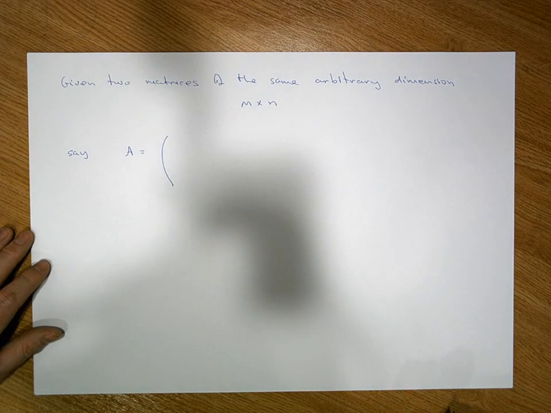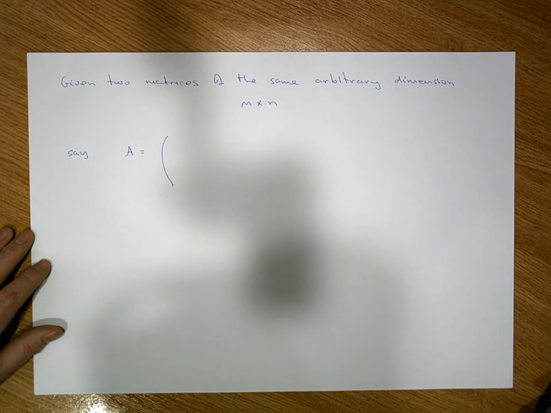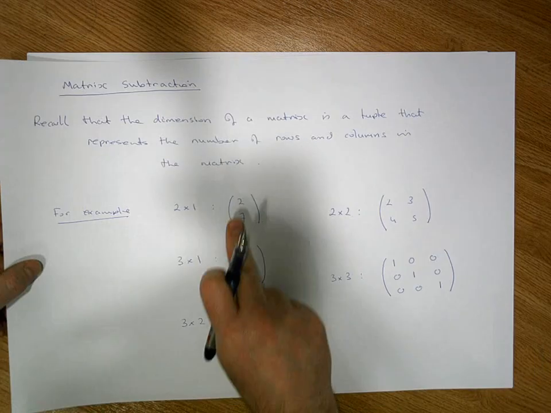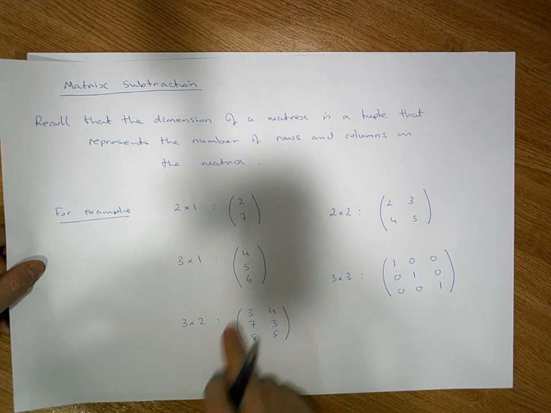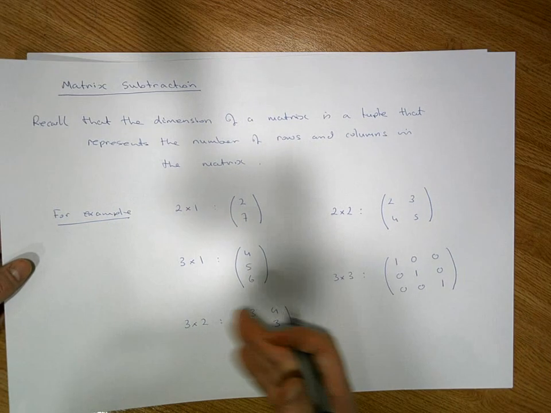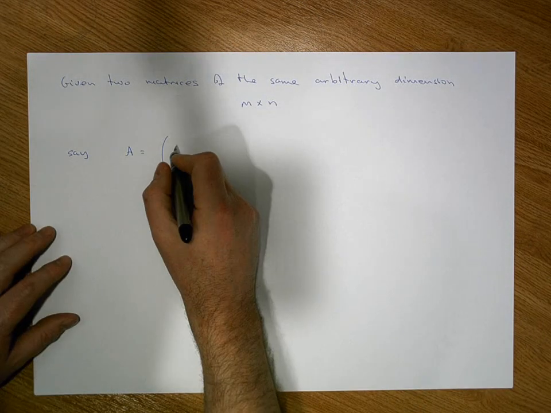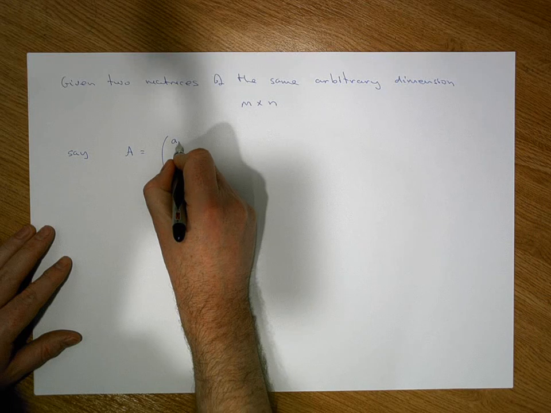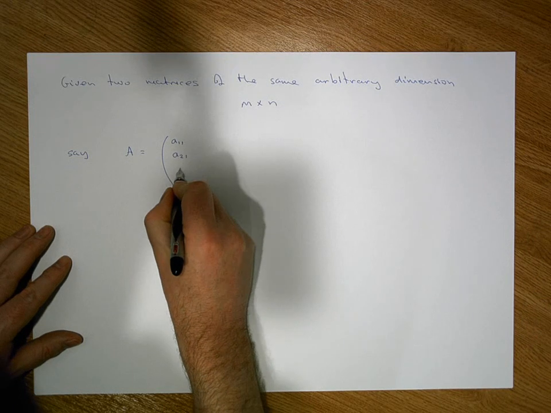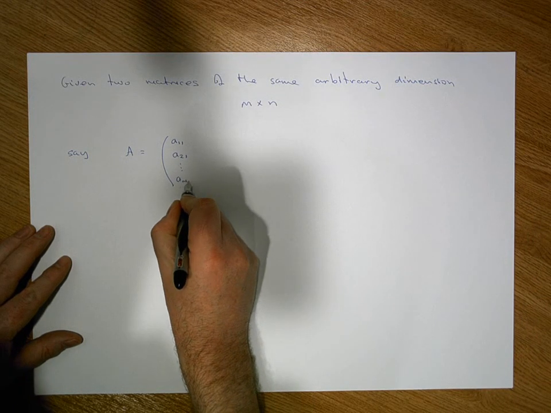Let's do a generic representation of the matrix. We don't know what the entries are. In the previous examples, we've told you what the actual entries are, but let's abstract away from specific matrices. So A is an n by n matrix, so its entries would be A11, A21, all the way down to AM1.